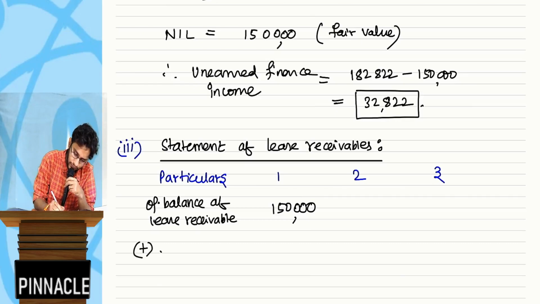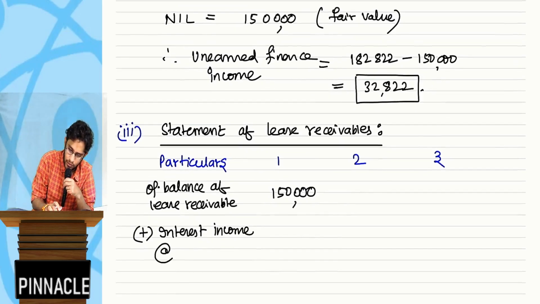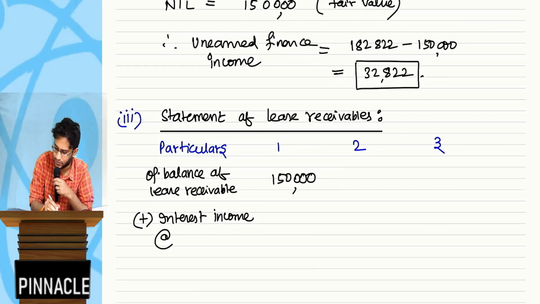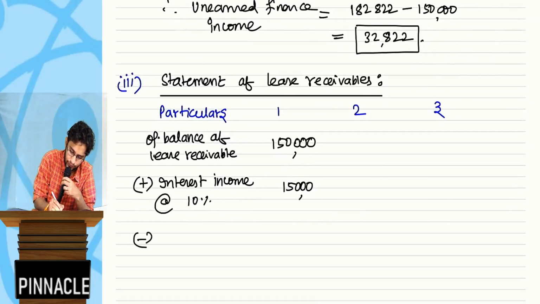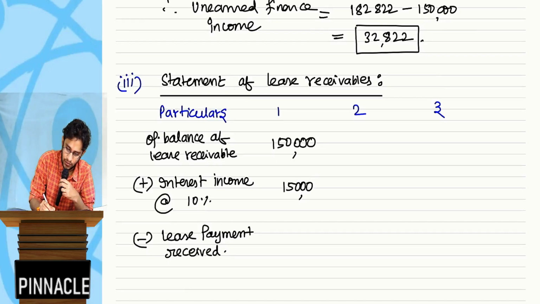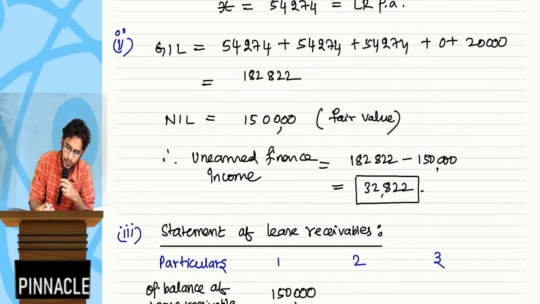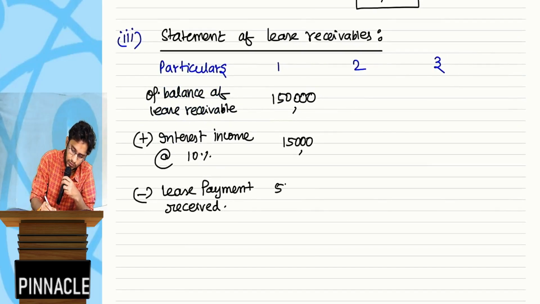Add interest income at the rate at which I am charging interest, 10%. So that is 15,000, minus lease payment received. Every year he will be paying the same amount, 54,274.